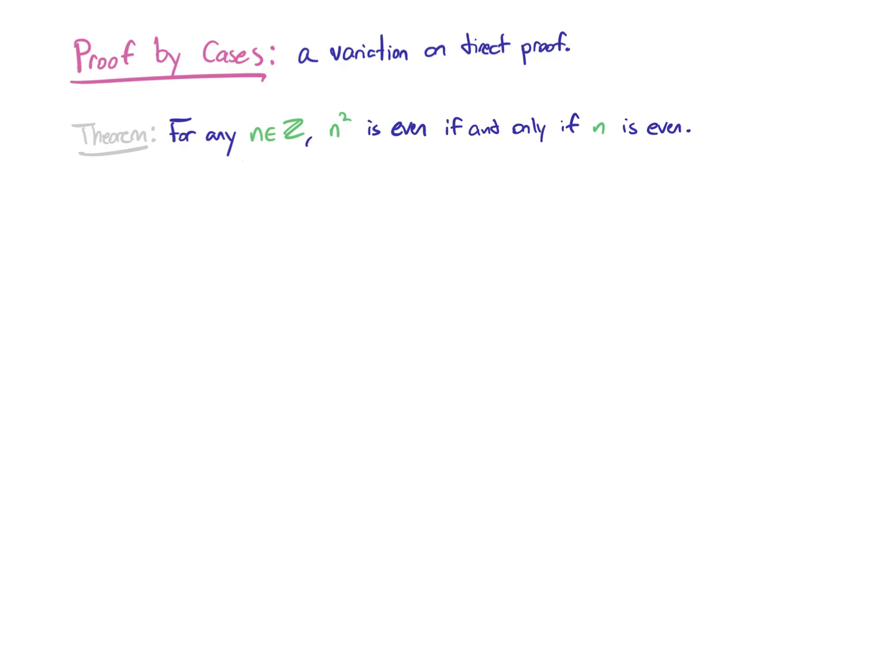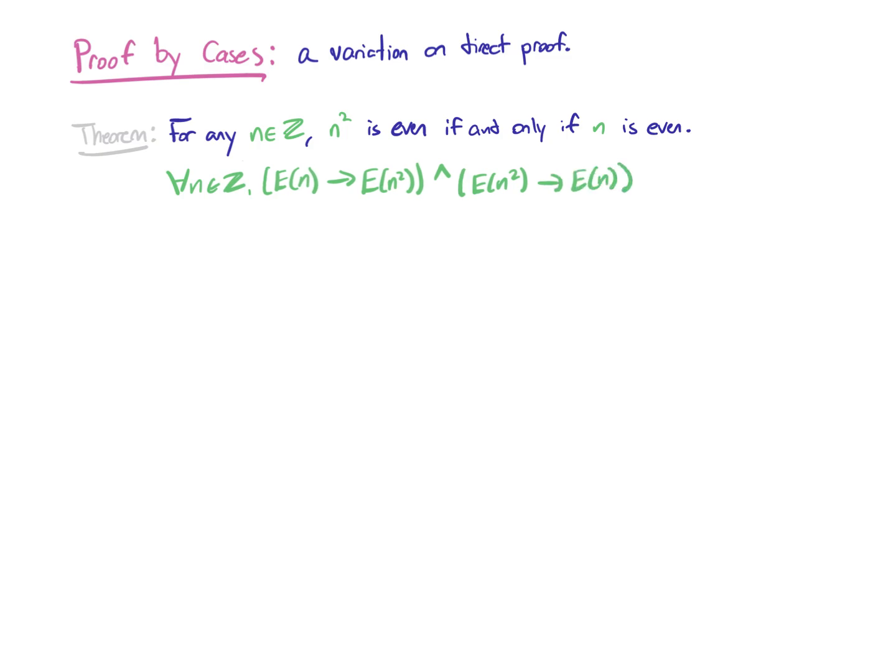If we write this out in logic, what we're saying is that for all n in the set Z, E of n, where I'm using E to mean the predicate that n is even, implies E of n squared is also even. And remember, if and only if means I'm looking at a biconditional, an implication that goes both ways. That means I also need to look at E of n squared implies E of n.